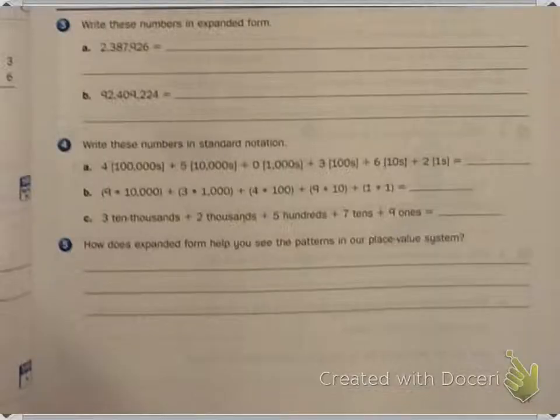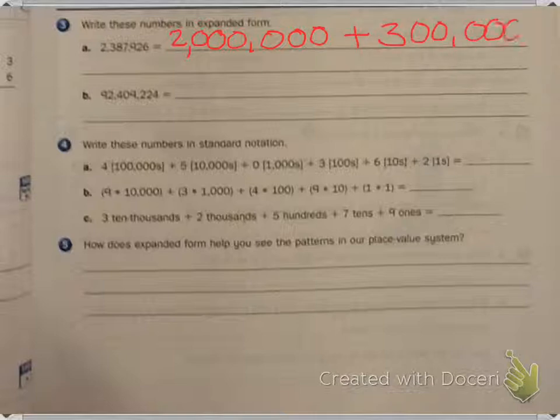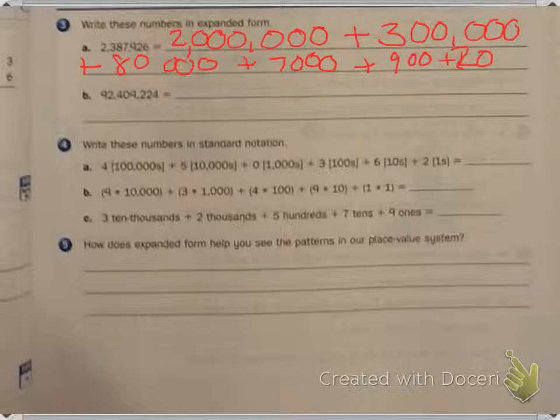So if we look at the bottom of page 37, it says write these numbers in expanded form. So I see that I have 2 first, so it's 2 million. I'm going to write 2 million plus 300,000 plus 80,000 plus 7,000 plus 900 plus 20 plus 6.